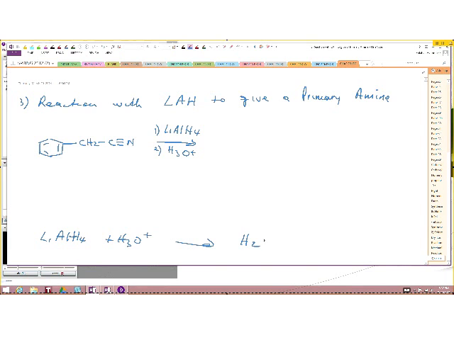All you get is hydrogen gas. So therefore all your lithium aluminum hydride will be destroyed. Plus lithium hydroxide and aluminum hydroxide. So that is why you have to do step 1 and step 2. So okay, you do that, then you will get this.